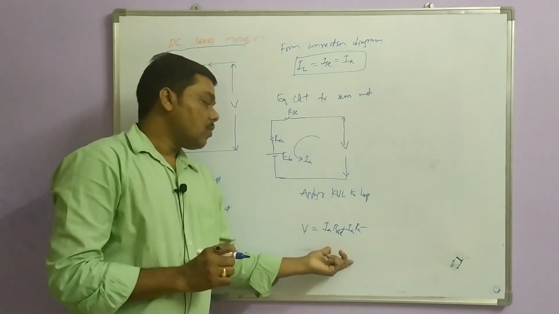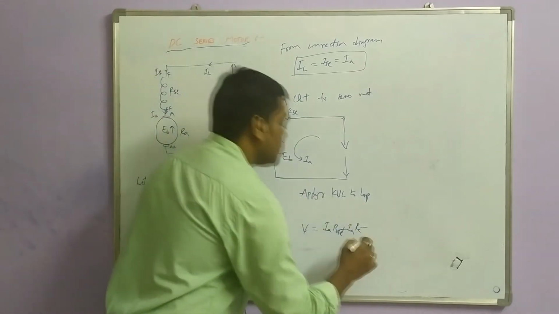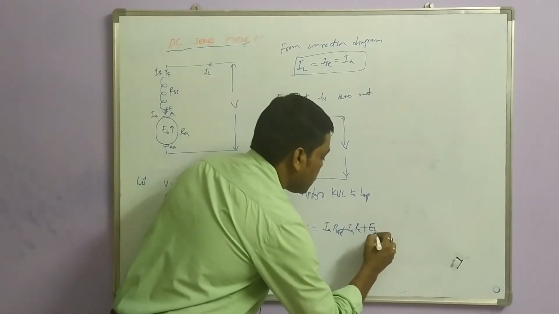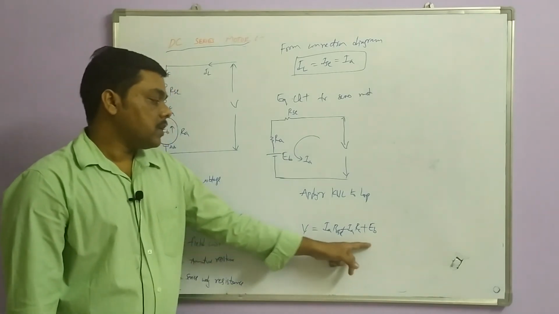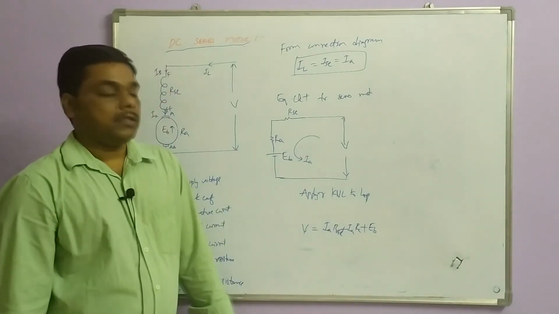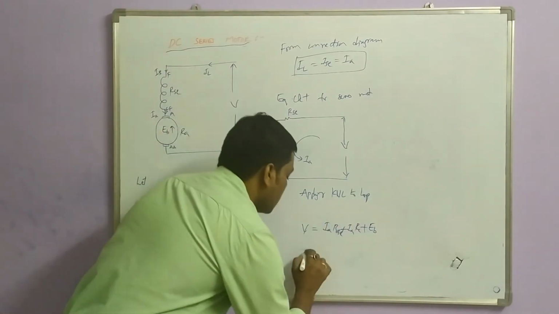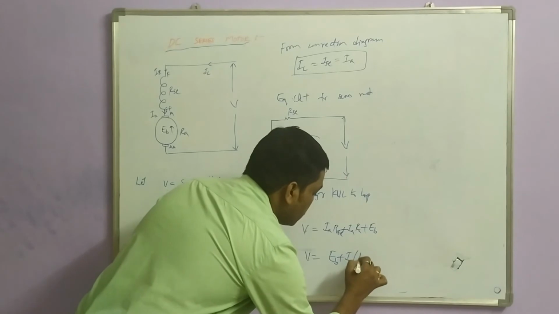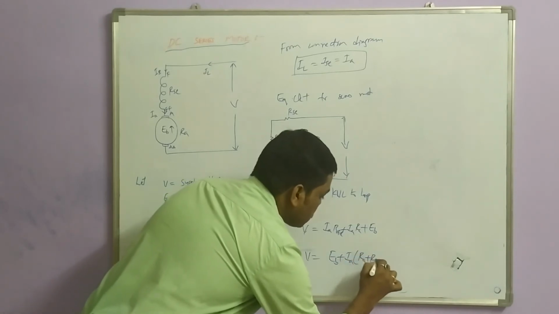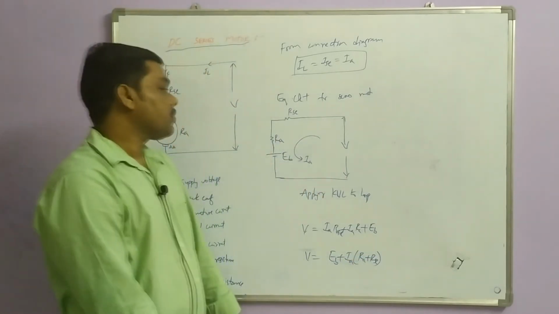What is the back EMF from this? V is equal to EB plus IA into RA plus IA into RAC. Since IA is common, V is equal to EB plus IA into (RA plus RAC).